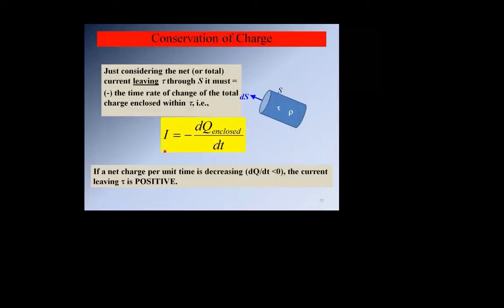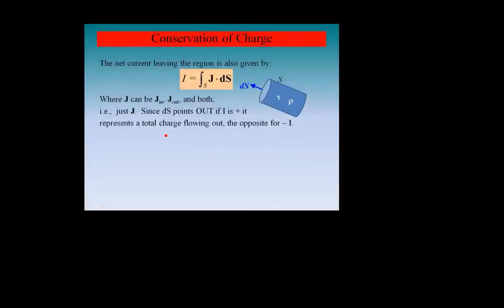If the net charge per unit time is decreasing, so dq/dt is less than 0, the current leaving tau is positive, and vice versa, and that has to do with this minus sign. So the net current leaving the region is also given by integrating J, which is the current density of the current leaving the sample, integrated over the surface. That would be the total current.